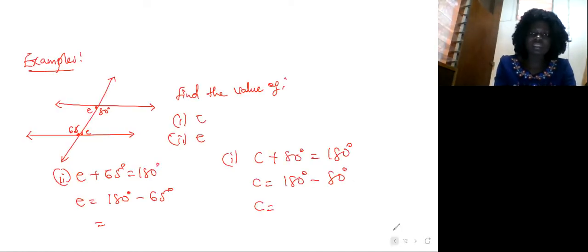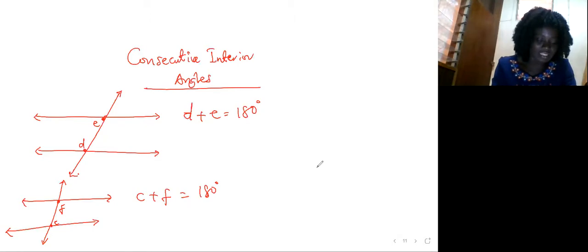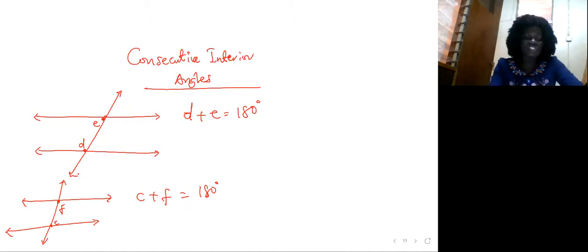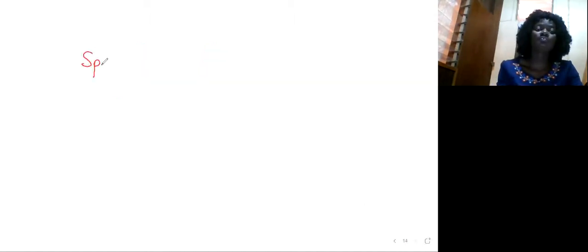So I think for this, we are done with the consecutive interior angles. Okay. Then we come to special right triangles.